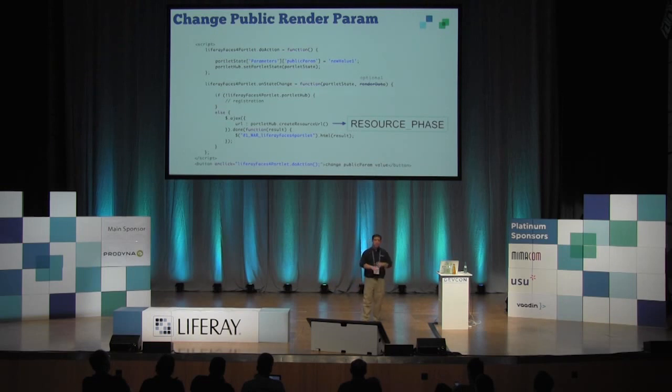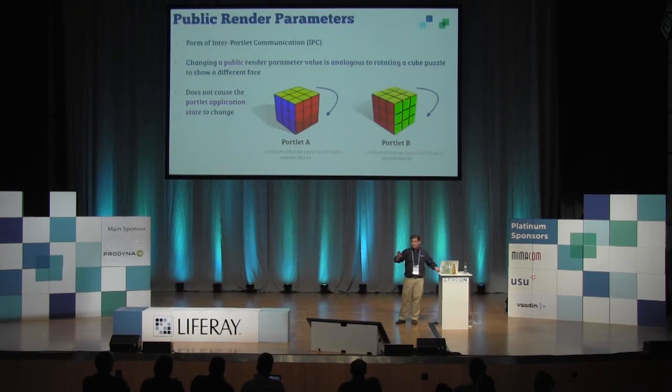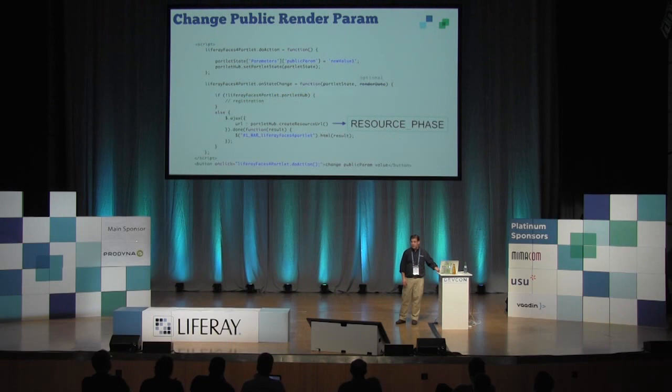And so that's going to invoke my on-state change callback. And at that point, I can just use jQuery or my favorite JavaScript library to do an XML HTTP request, execute the resource phase, and then when it comes back, the DOM gets updated. So that's pretty easy. Okay. So that's changing a public render parameter. And again, that's just kind of changing the view of my data.